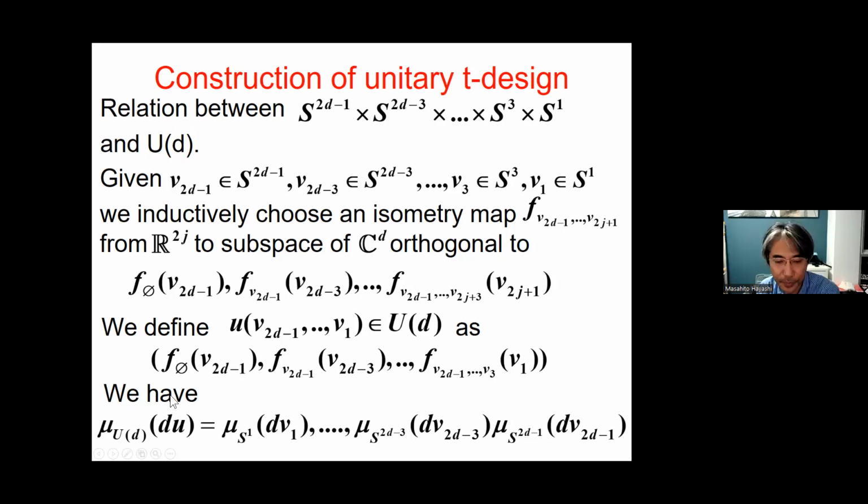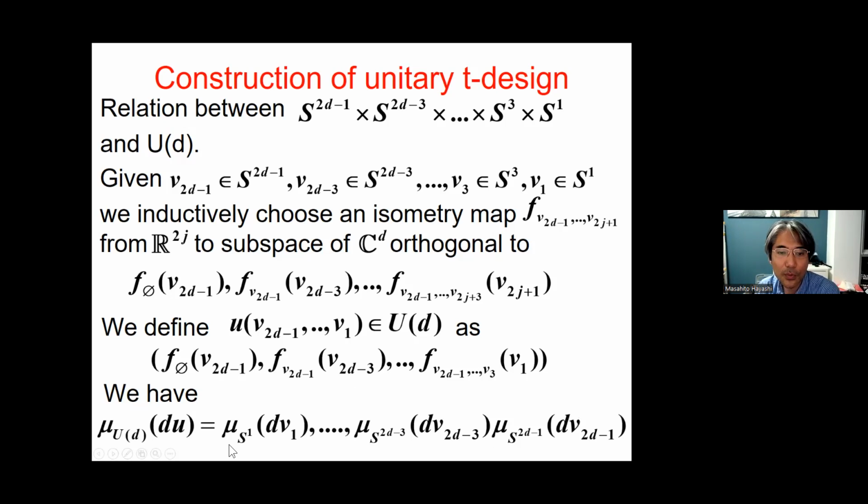Using this construction, we obtain the unitary matrices, and the Haar measure equals the measure on each sphere. So this Haar measure can be decomposed into the measure on each sphere in this way.